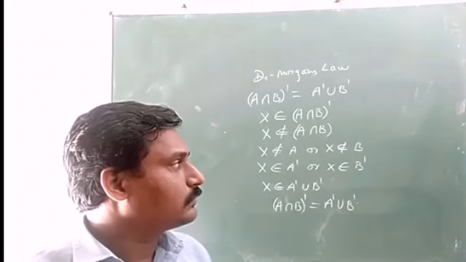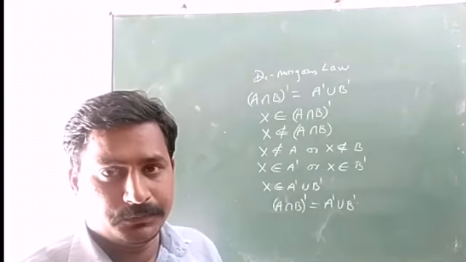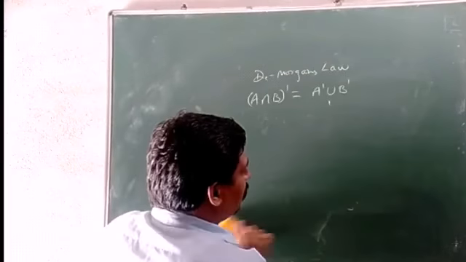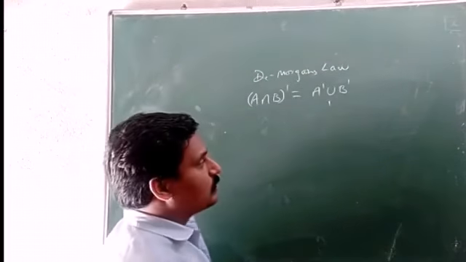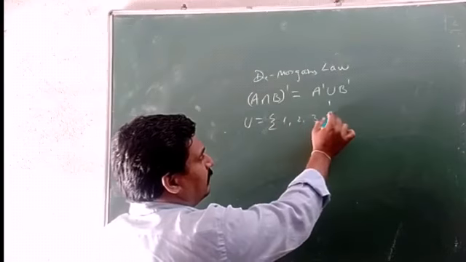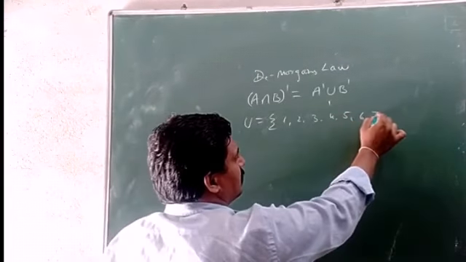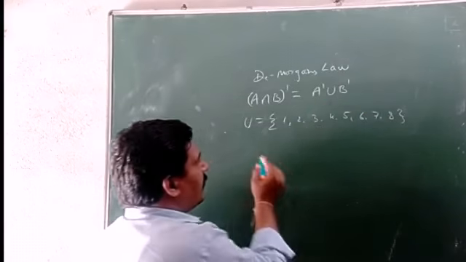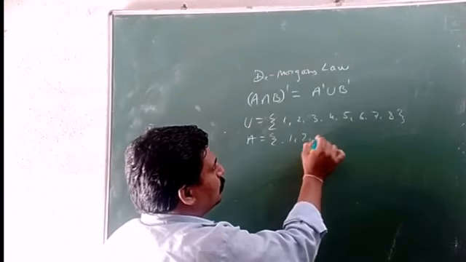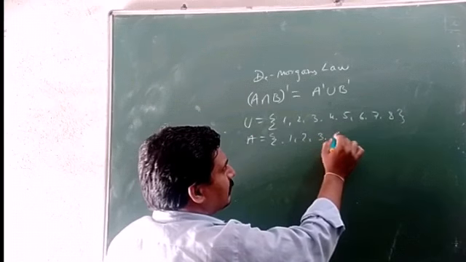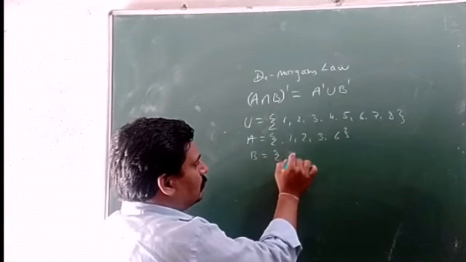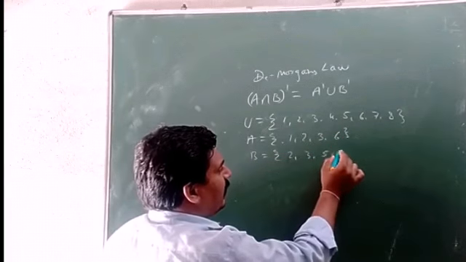Next, with the example. Let us take the same example here also. The universal set U is equal to {1, 2, 3, 4, 5, 6, 7, 8}. Set A is equal to {1, 2, 3, 6}. B is equal to {2, 3, 5, 8}.